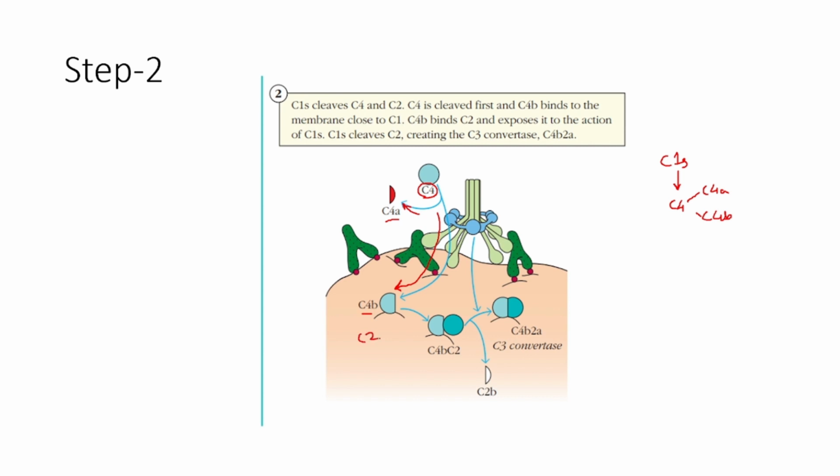Okay. So what happens? C2 protein comes and binds to C4B, and C2 protein is in turn cleaved into two fragments, C2A and C2B. C2B goes away, and C2A remains bound to C4B and forms the C4B2A complex, and this complex is known as C3 convertase.